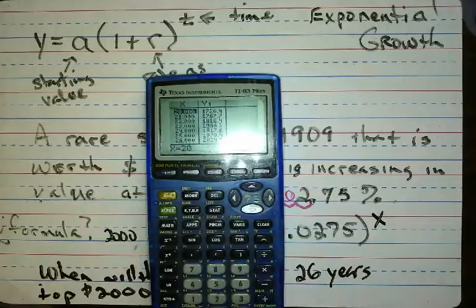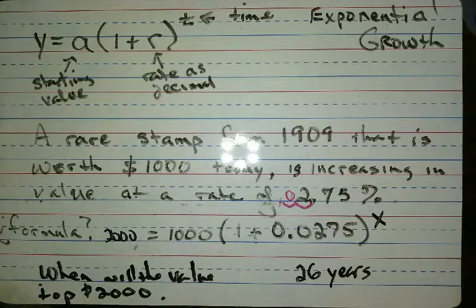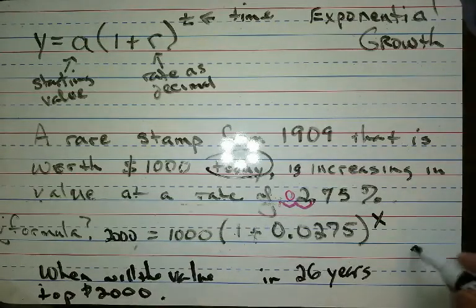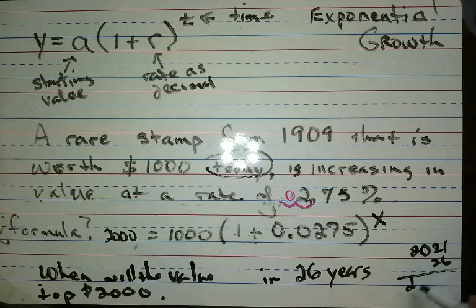So let's zoom back out and see what we just figured out. When will the value top $2,000? In 26 years, right? Today is 2021, so 26 years would be 2047.